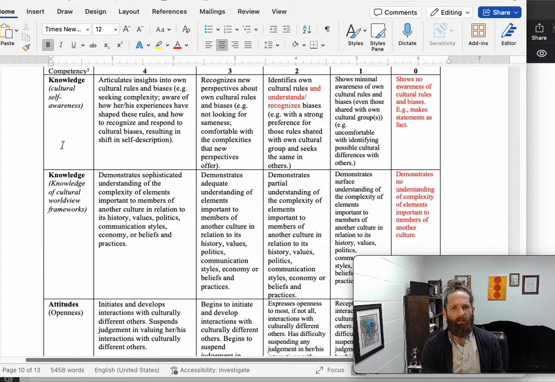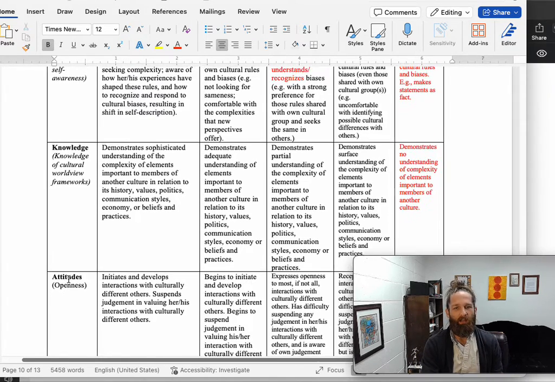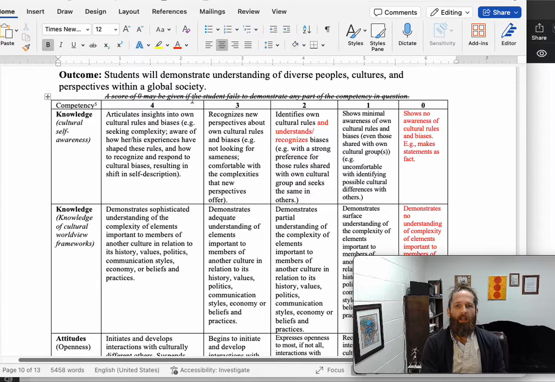Actually, when I went through them earlier, I had misremembered this one. And so how open are students, this last one, to considering and maybe appreciating or valuing perspectives that are different from their own? How willing are they to let go of being right and having the best perspective, and suspend that to consider culturally different others? So those are the 3.